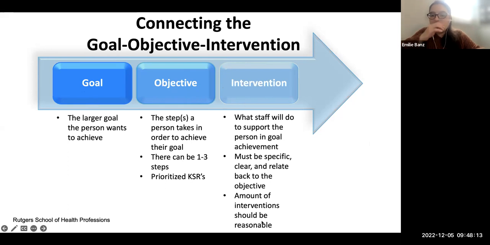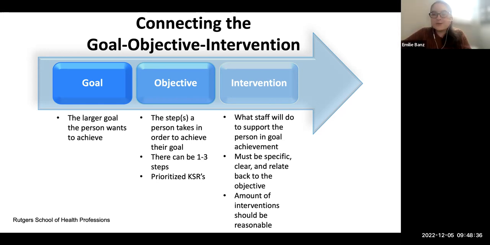Okay. And then you want to make sure that the amount of interventions are reasonable. And again, this kind of is mirrored in what I said earlier about the objectives, right? You might be able to have multiple interventions for one objective because there might be multiple steps and multiple ways that you can support the person in achieving that objective.